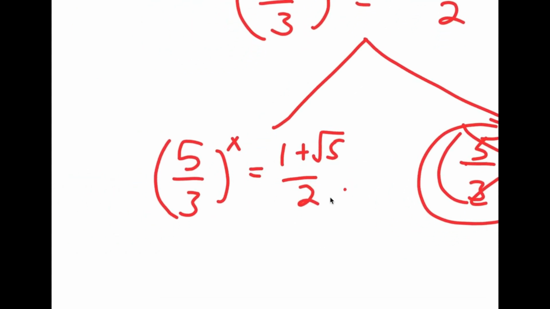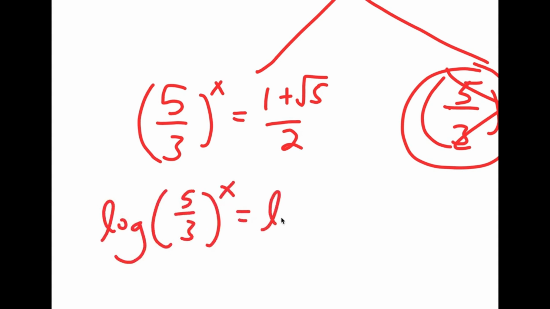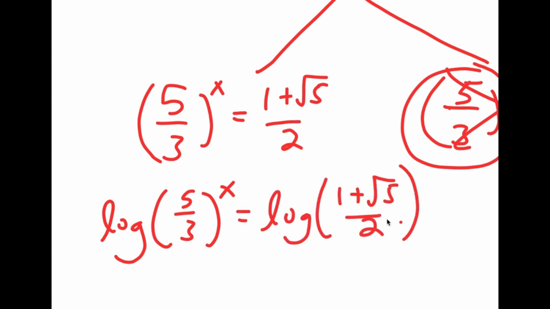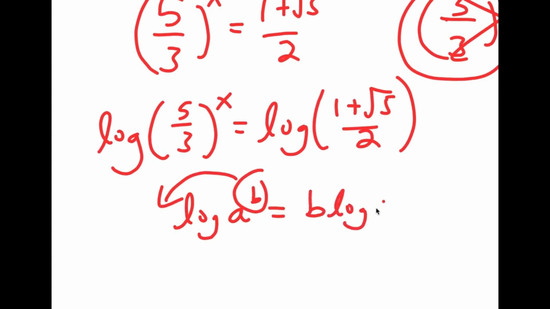Now for 5 over 3 to the power of x is equal to 1 plus the square root of 5 over 2. To solve this, I'm going to first start by taking the log on both sides. So I have log of 5 over 3 to the power of x is equal to log of 1 plus the square root of 5 over 2. And if I have something in the form log a to the power of b, I can move b to the front, so it's going to equal b times log a.